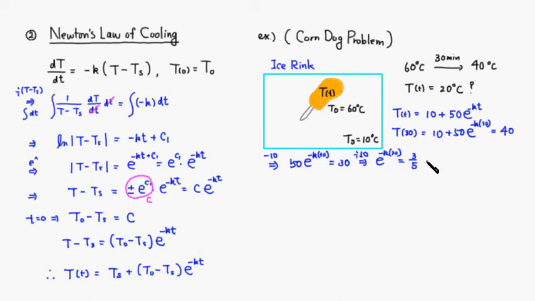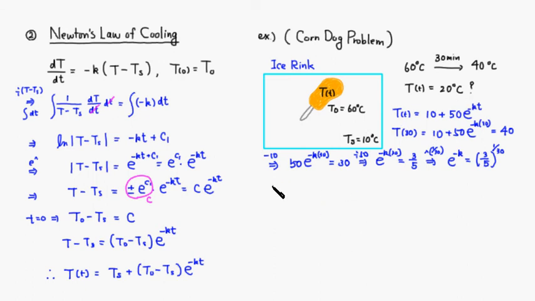Then I'm going to simply raise this to the 1 over 30th power, so I can get rid of this 30. So you have e to the negative k is equal to 3/5 raised to the 1 over 30th power. All right, so we know the complete formula for the temperature equation.